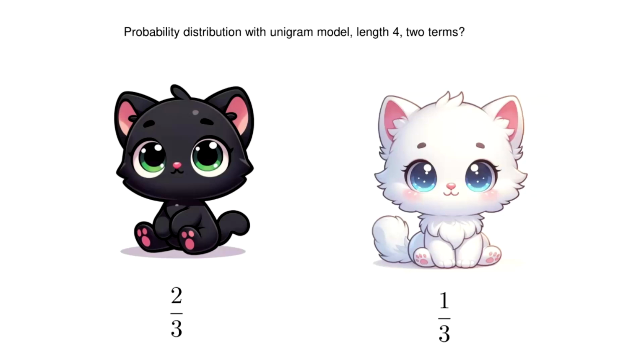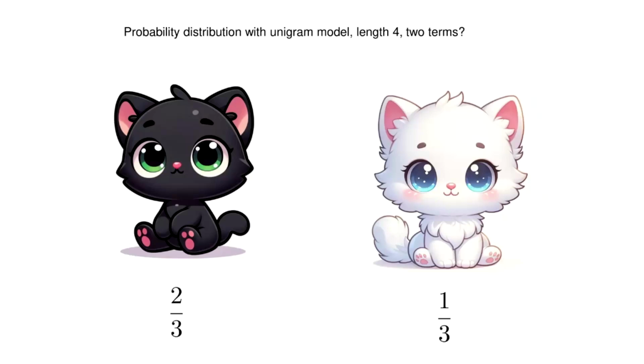So you just multiply 3 times the 2/3 with itself, right? You're absolutely correct. That's the probability of generating a sequence with 3 black cats. Now, since there's only one possible ordering, that's also the probability for the bag, right? So we have 2/3 to the power of 3, which is 8 divided by 27, right?